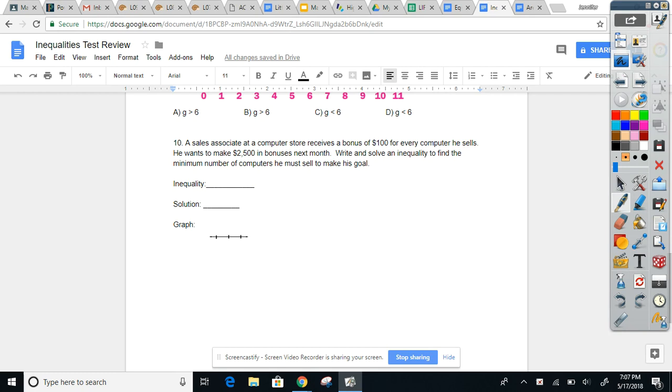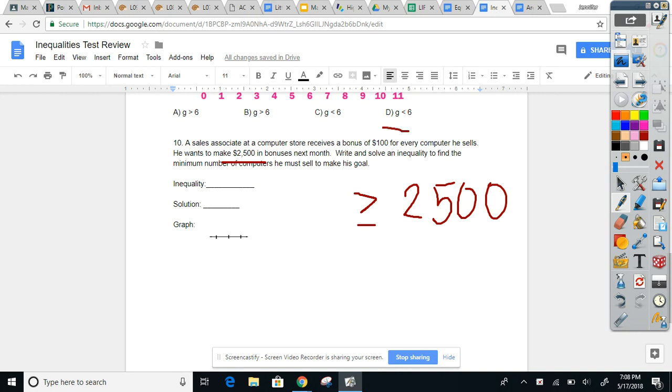His goal is to make 2,500. This is his goal. Does he want to make this, or do you think you would like making more as well? I think he would be fine making this or making more. So whatever he earns needs to be greater than or equal to $2,500.